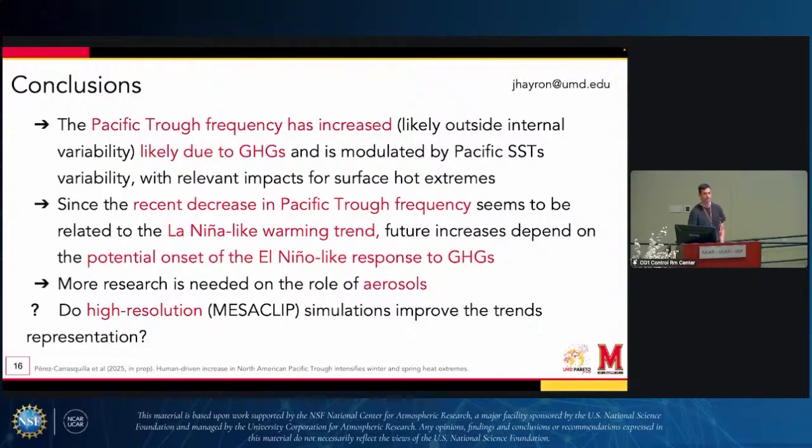Nice talk. I was wondering if you have any thoughts on whether the aerosol and greenhouse gas response in CESM are of the right magnitude. Of course, we don't know them in reality, but since you point out there's an offset in the model, that might not be the case in reality. One hypothesis that I have is that maybe the response to aerosols is too strong in the models, and so we see that strong decrease.